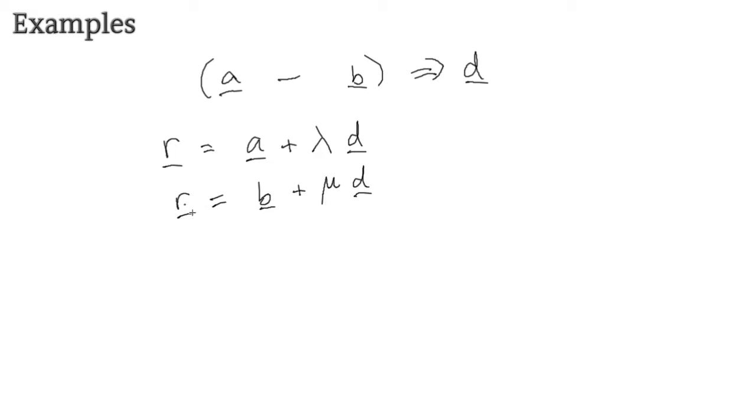These two will be equivalent, and if you know the coordinates of A and of B, then you should be able to solve for lambda and mu for a particular unit direction. So that said, we can now look at the geometry of lines.